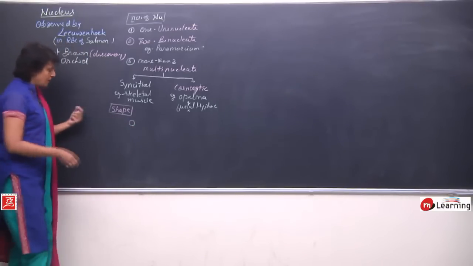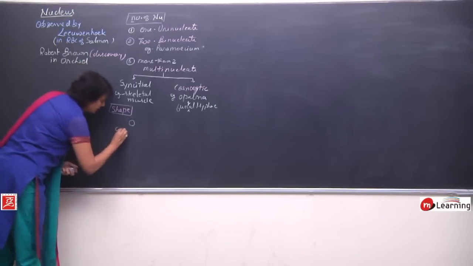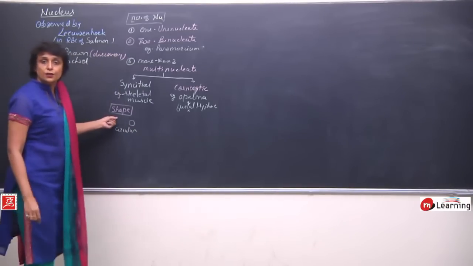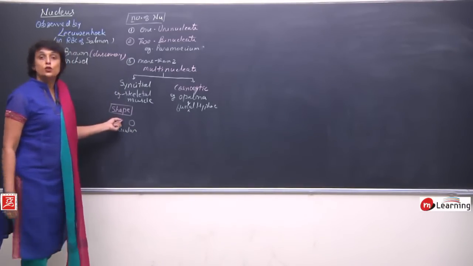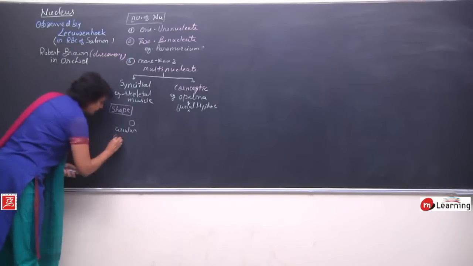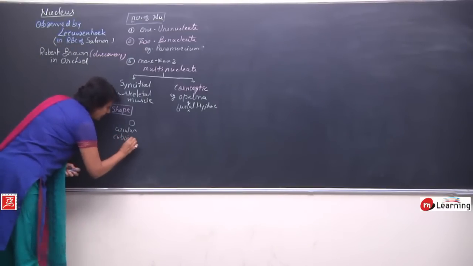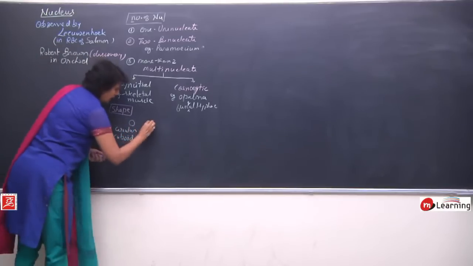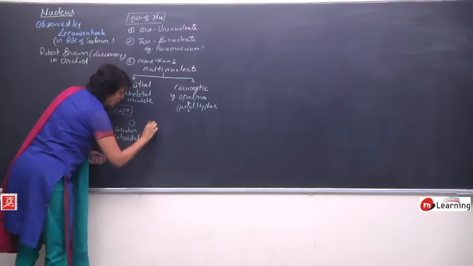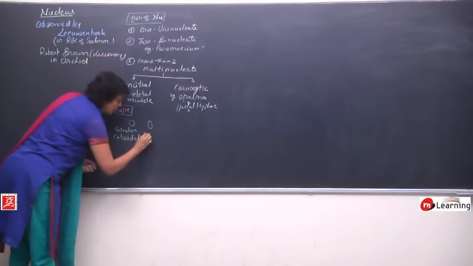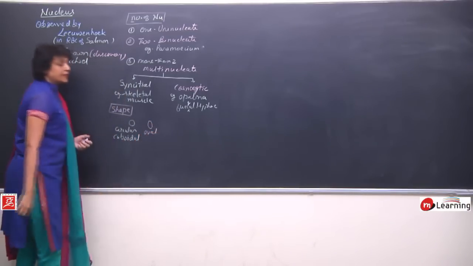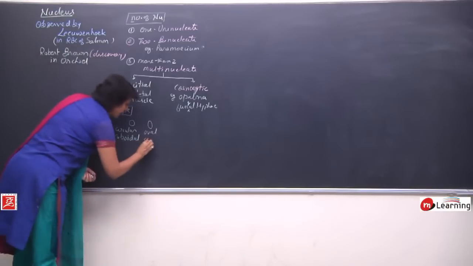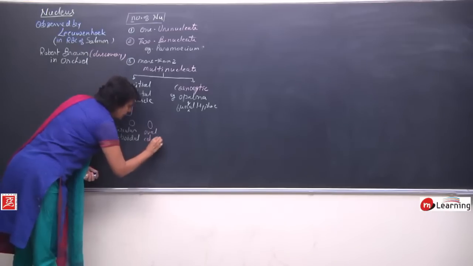But just to see the shape, it is circular. And where do we find these kind of circular nuclei? They are found in cuboidal cells. It can be little oval. So oval shape is seen in columnar cells, the tall pillar like cells.